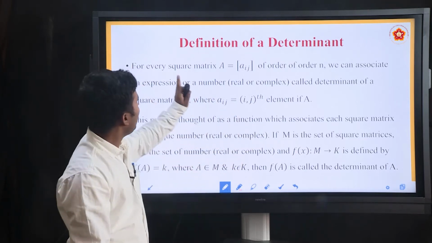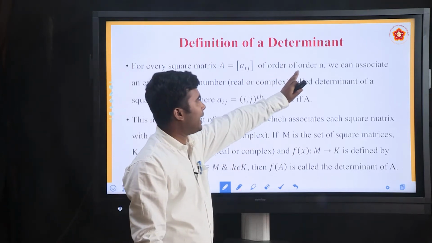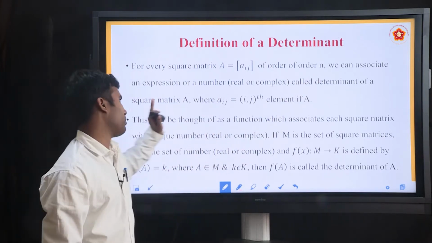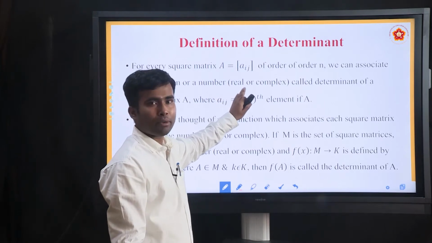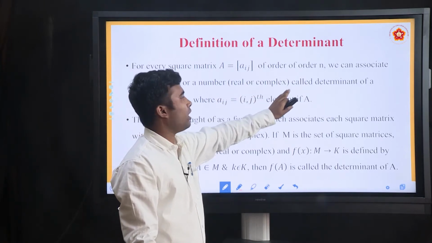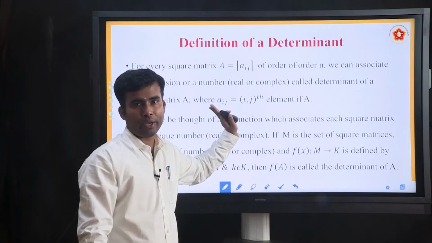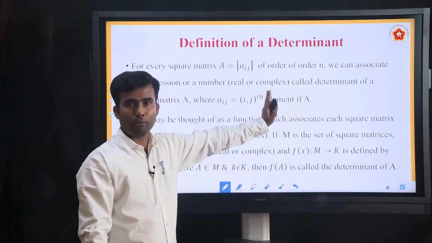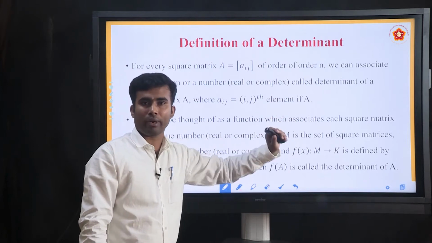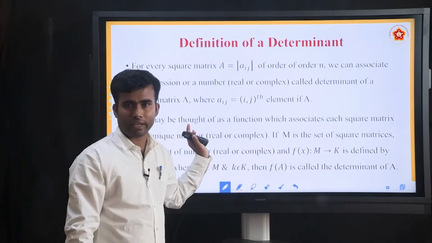Okay. So, a square matrix of order n, we can associate to an expression or a number. A number, which may be real or complex, is called a determinant. Okay. So, every square matrix is associated with a number which can be real or complex, and that we call a determinant.